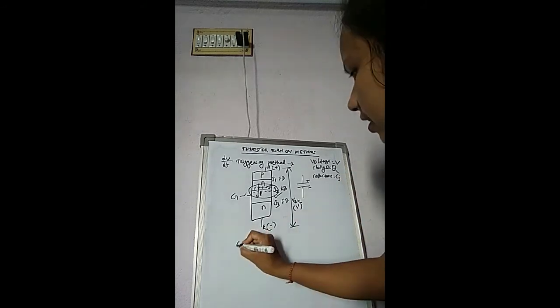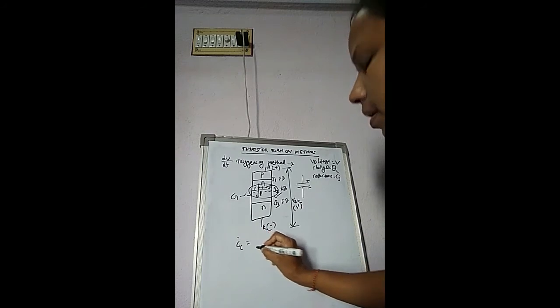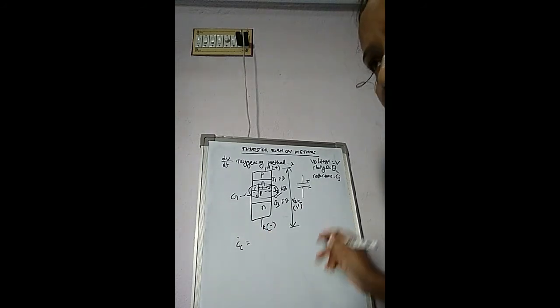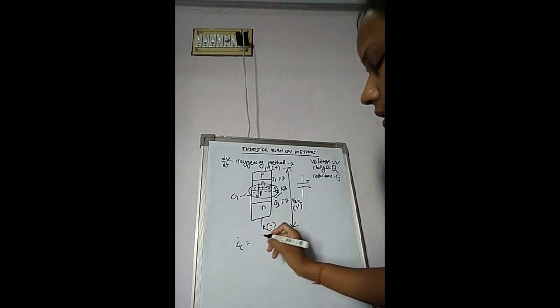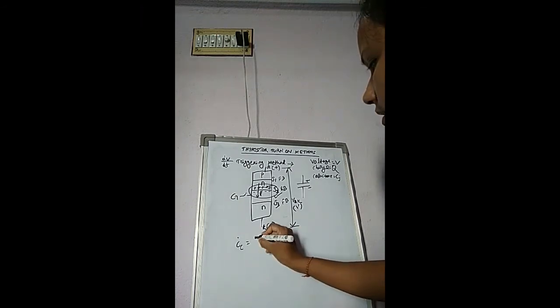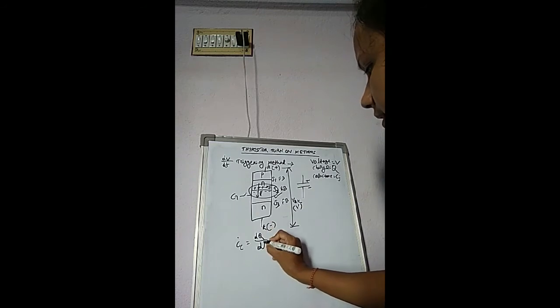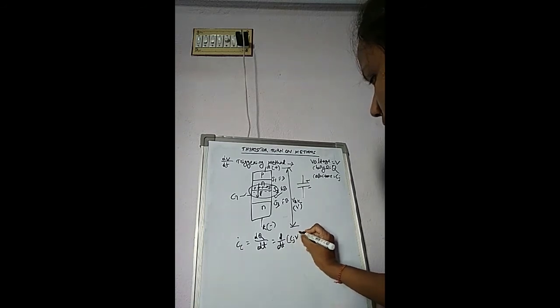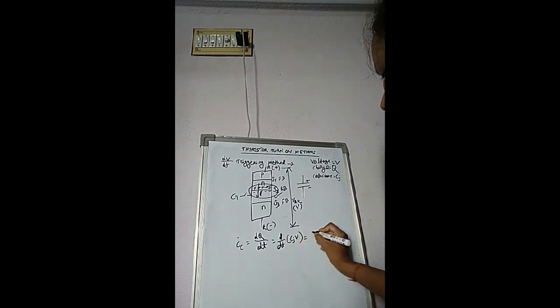Then the charging current IC is the current through the capacitor, that is dq by dt. Since q is equal to CjV, its derivative is Cj dV by dt plus V dCj by dt.